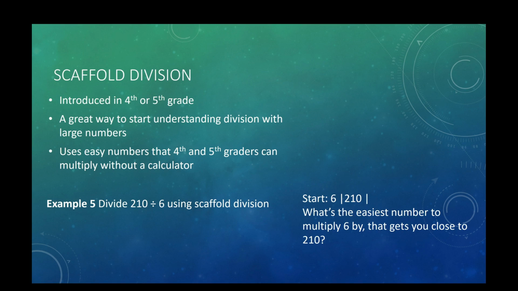On the other hand, if we multiply 6 times 10, that's 60. That's a pretty easy multiplication. 6 times 100 is too big, so we won't use that because we want to get numbers that fit into 210. So here goes. We try 10 because 6 times 10 is easy to do, and 60 fits into 210.